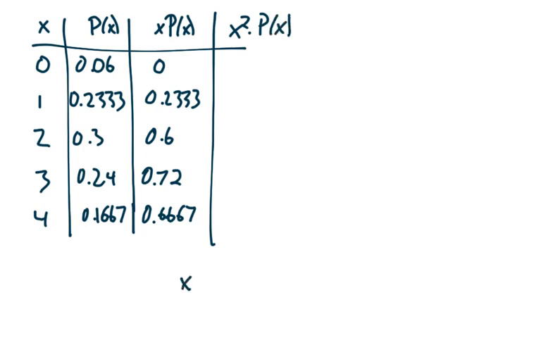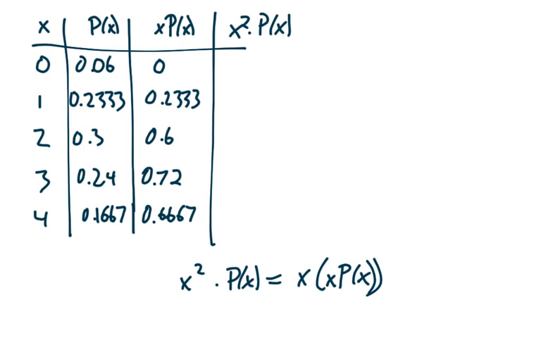Notice that you can take x squared and then multiply it by p of x, but algebraically this is the same as finding x times p of x and then multiplying that product by x. Because of the associative property of multiplication, whether I multiply these two first and then this, or multiply these two first and then this, it doesn't make a big deal.